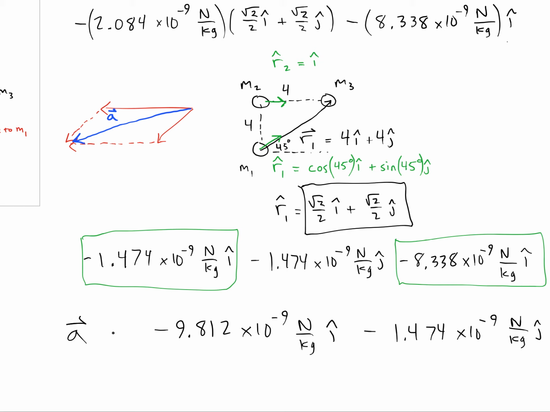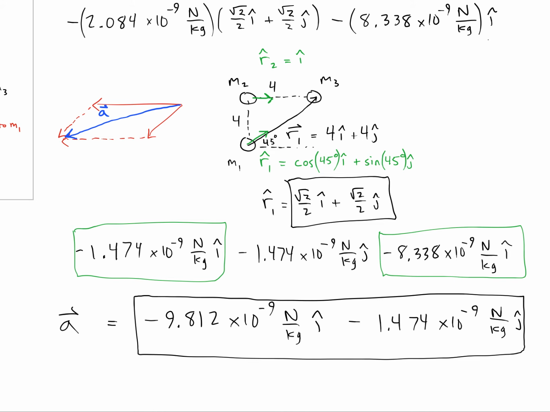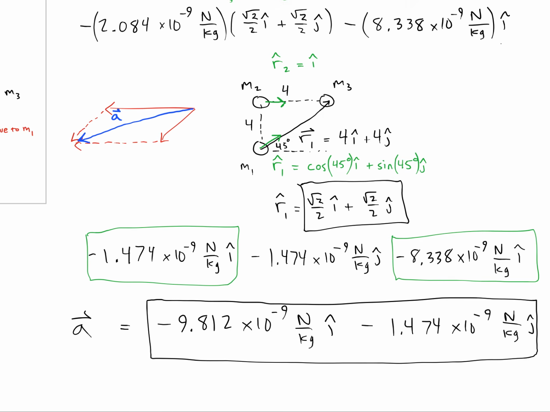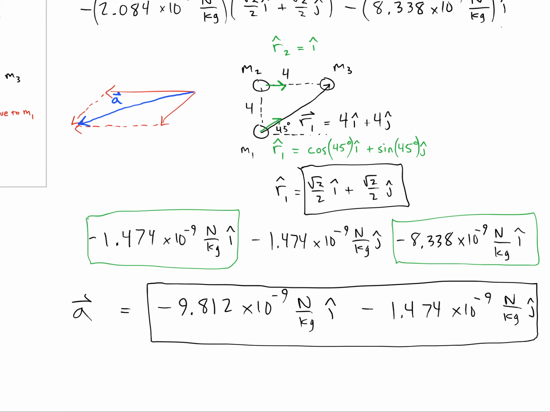As you can see, according to the components, it does point in the third quadrant, which is what we wanted according to our picture. It does say you can put it in IJ notation, or you could put it in component form, or you could do an angle and a magnitude.